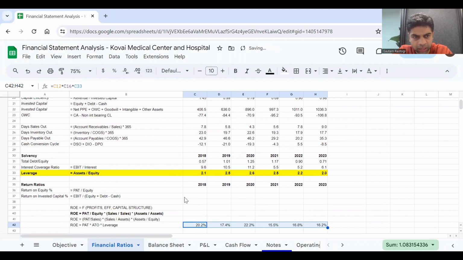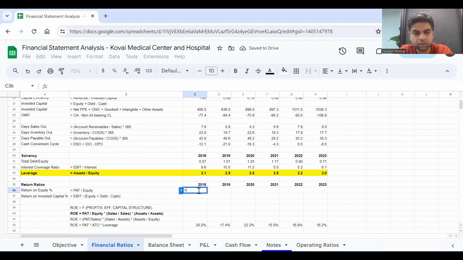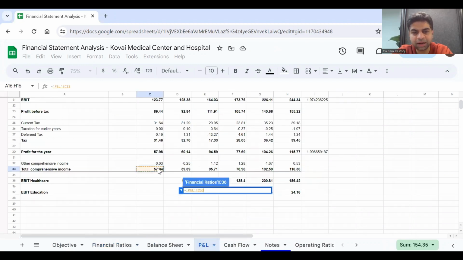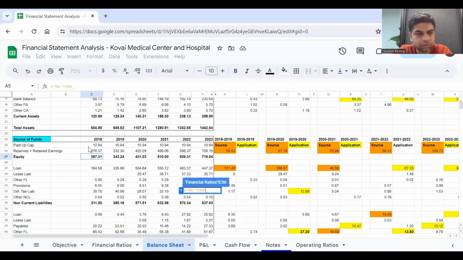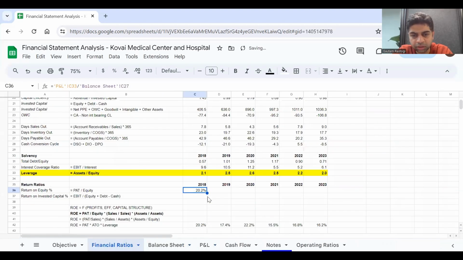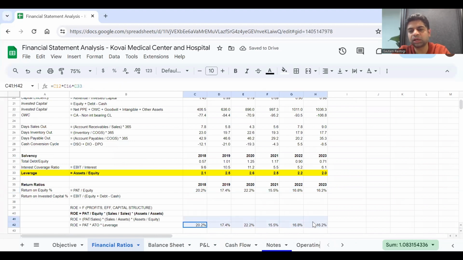Now let me estimate ROE using the simple formula, that is PAT divided by equity. So you see, it is exactly the same as the one that we got here.